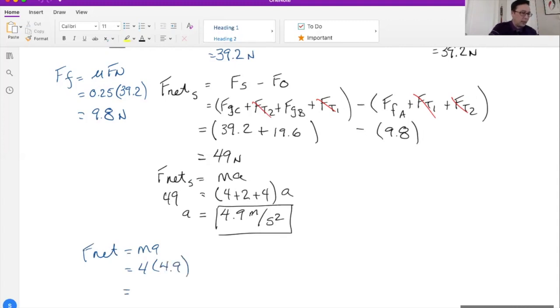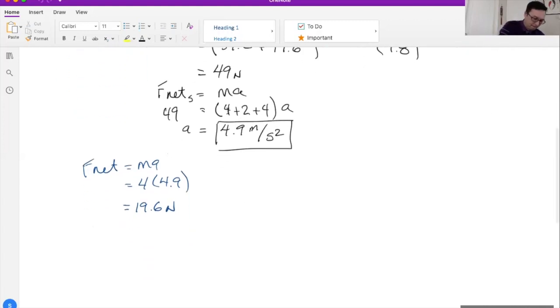And that will be 19.6 newtons. Okay. And then for A, remember we're just doing this for object A.